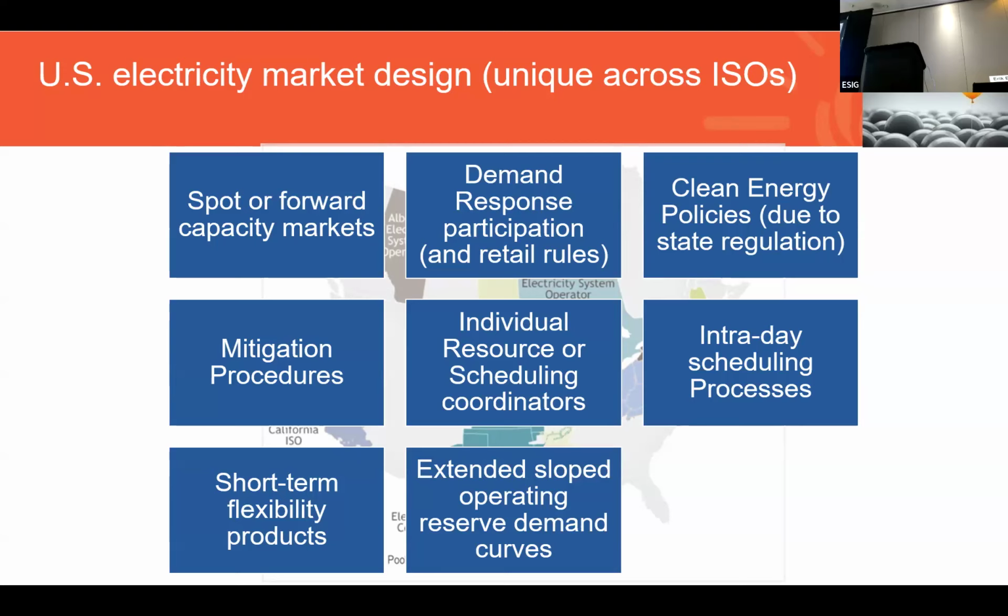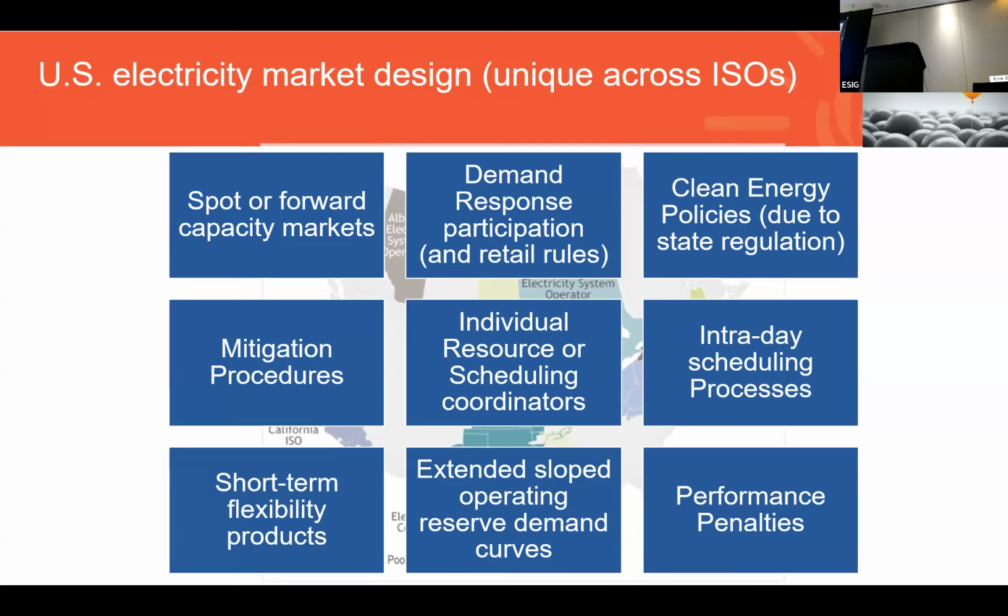Sometimes they'll have a curve for shortage prices that might decline the less short you are. Other times the value differs by quite a lot across these regions, so there could be substantial differences in the design of that shortage pricing for being short on operating reserve. And then performance penalties. This could be performance penalties for capacity markets or for not following energy dispatch. There are substantial differences across those regions.